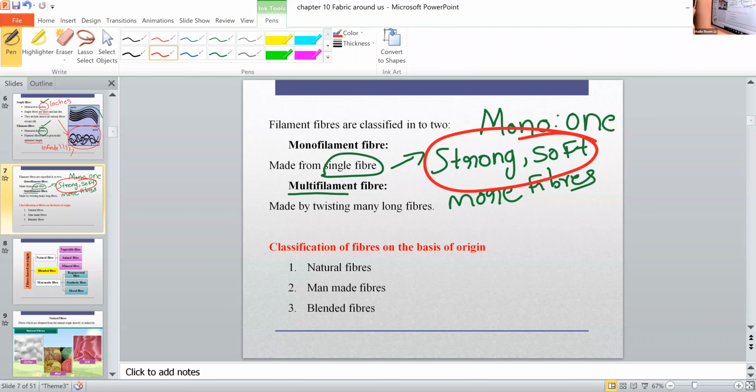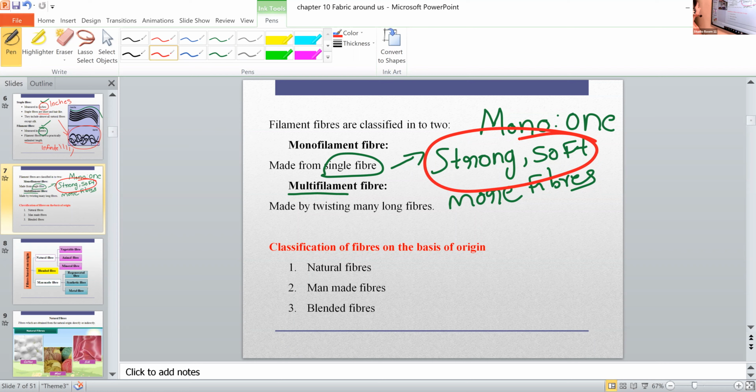So we classify the fibers on the basis of length, that is staple fiber and filament fiber. And these filament fibers are again classified into two, that is monofilament fiber and multifilament fiber. Monofilament fiber means that it is made using a single fiber. These fibers are very strong and soft.